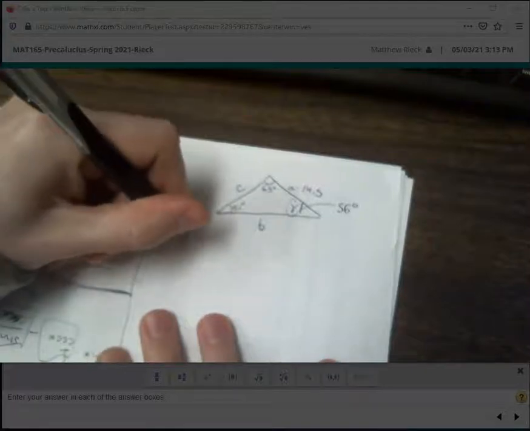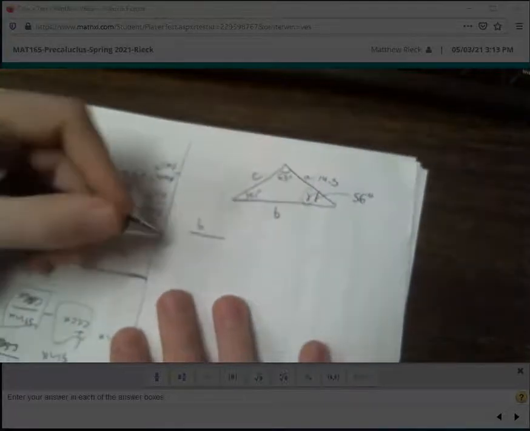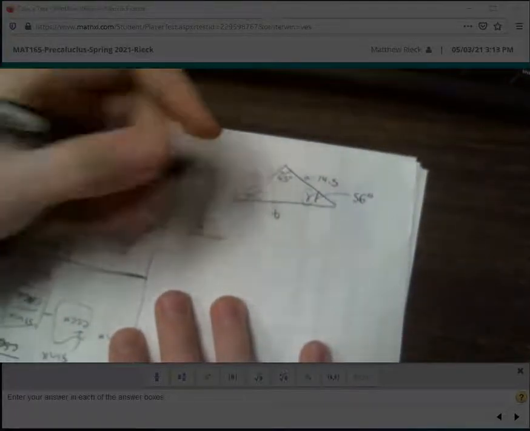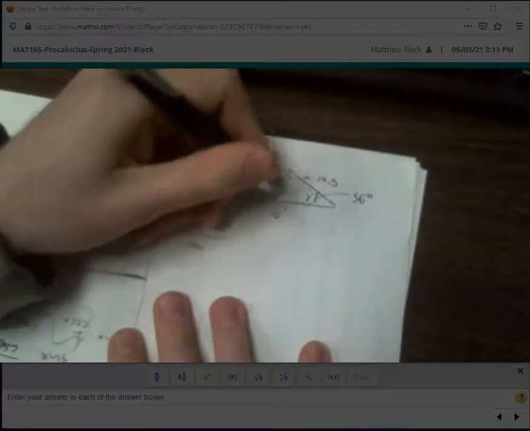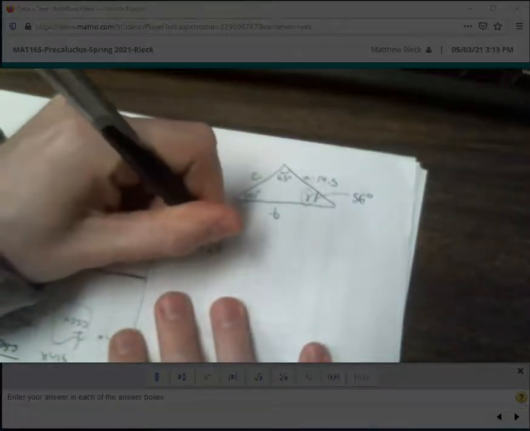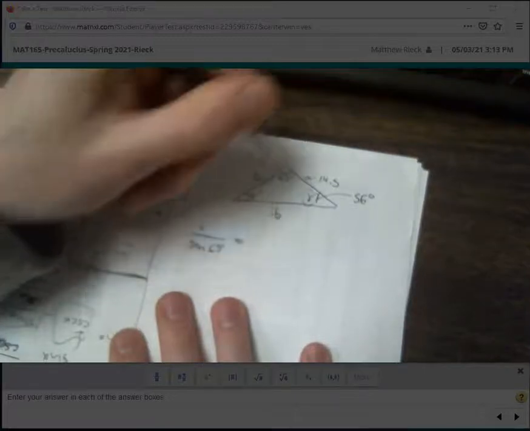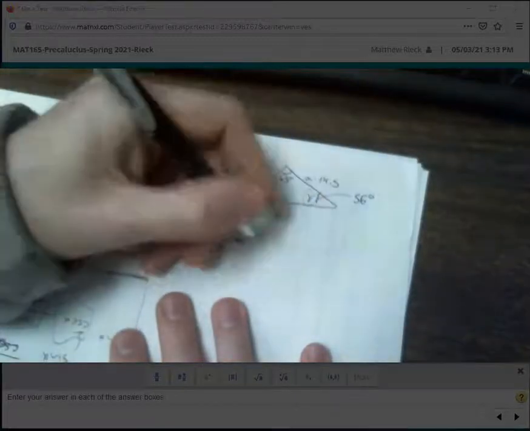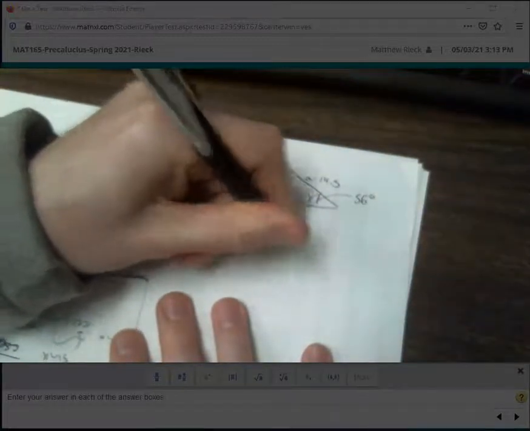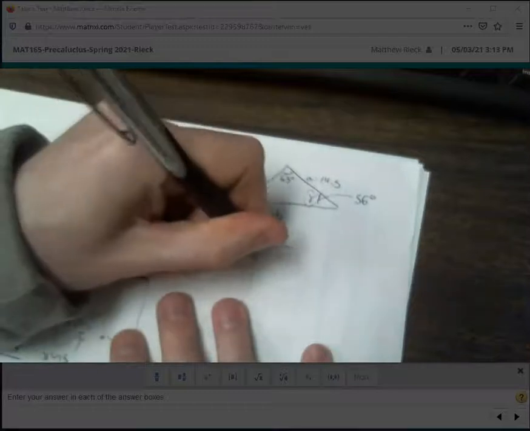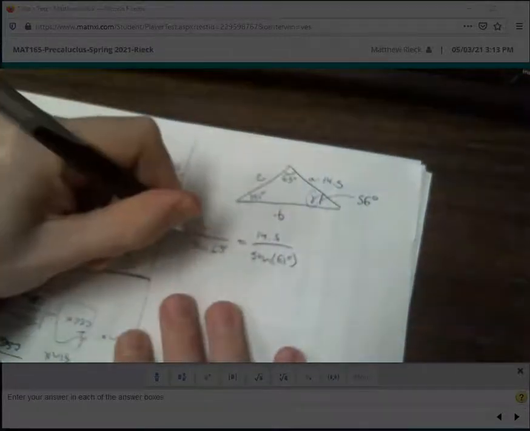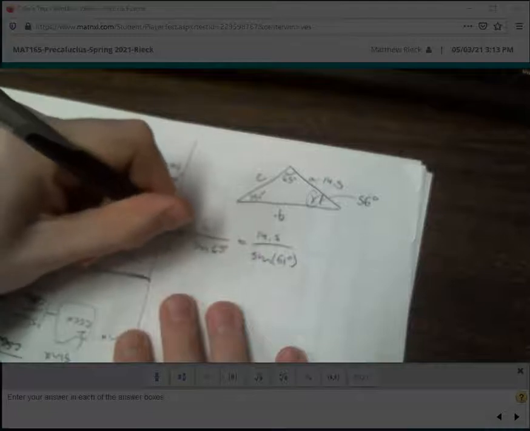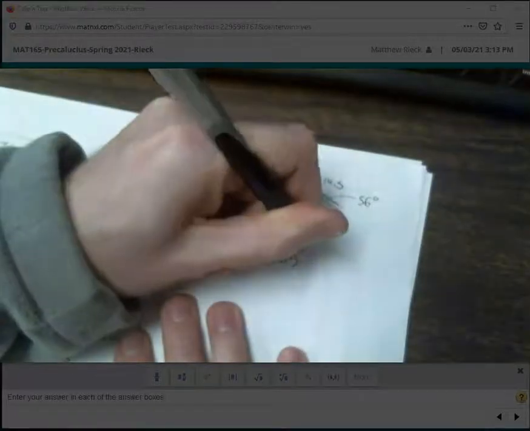All right, so to find b, the law of sines says that if I take b divided by the sine of the angle opposite b, so we have b divided by the sine of 63 degrees here, that's going to equal my side A divided by the sine of my angle opposite side A. So we can multiply both sides by the sine of 63 degrees.